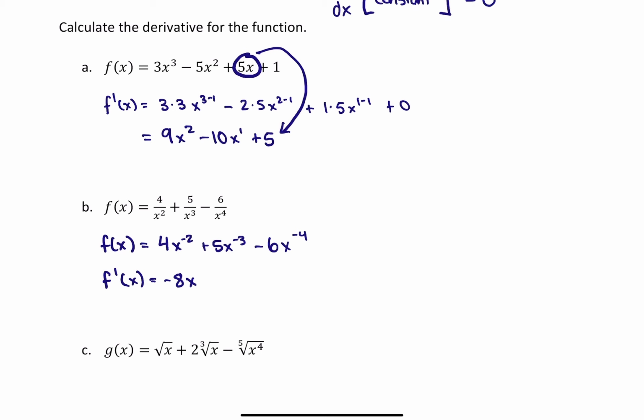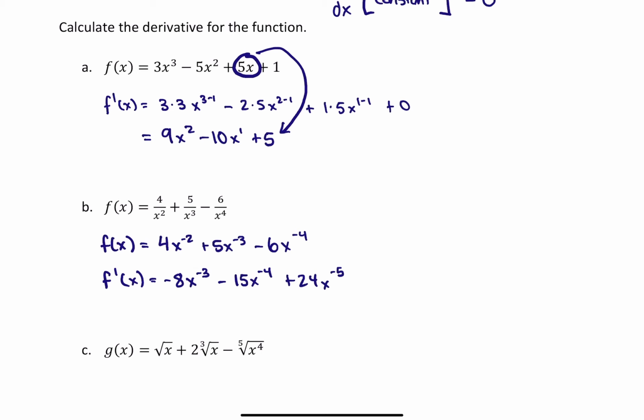Negative 2 minus 1 is negative 3, not negative 1. Then negative 3 times 5 is going to give us negative 15. And then we subtract 1 from the exponent, so we get negative 4. And then we're going to get plus 24 times x to the negative fifth power.